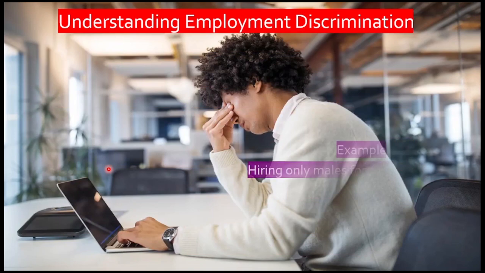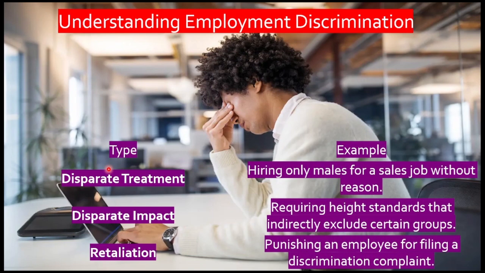Next are the types. Disparate treatment, for example, hiring only males for a sales job without reason. Second is disparate impact, which is requiring height standards that indirectly exclude certain groups.